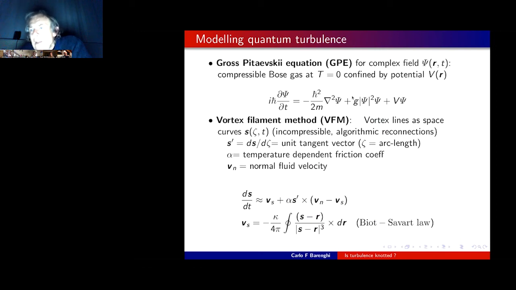So there can be an exchange, and you see that all the time. On top of that, the kinetic energy can also be decomposed into compressible and incompressible, essentially one associated to sound motion, the other associated to vortices. So you can have these exchanges while the total energy is conserved.